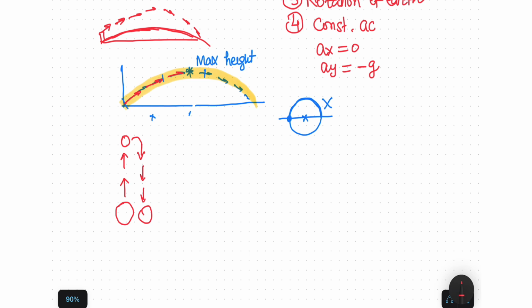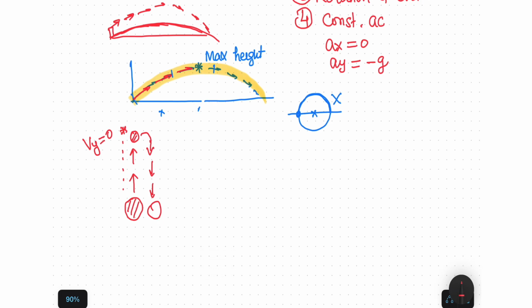What you observe is that when you throw a ball up, the velocity is decreasing, and at the maximum height the velocity will be 0. So we can say the velocity component at this point is 0. Then it reverses back and the velocity increases.